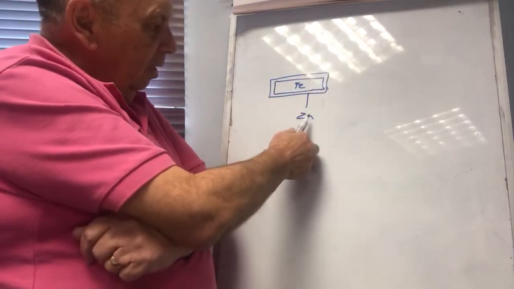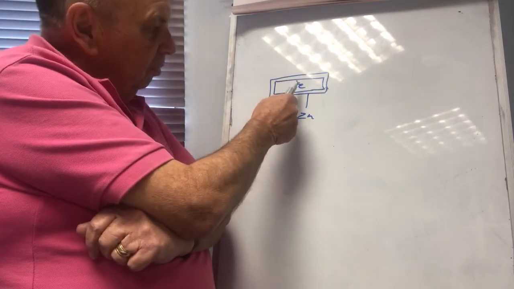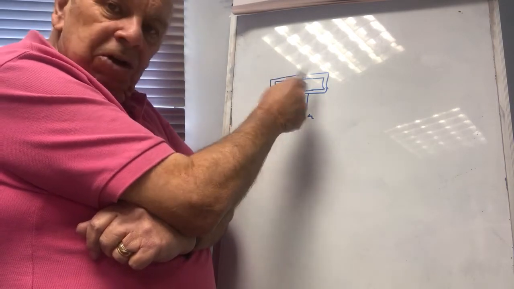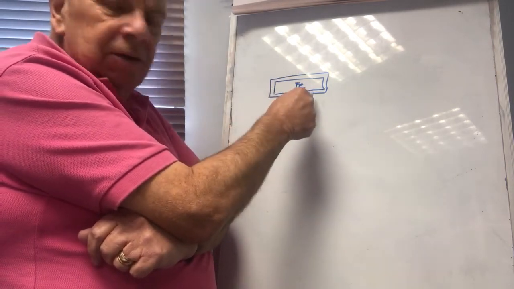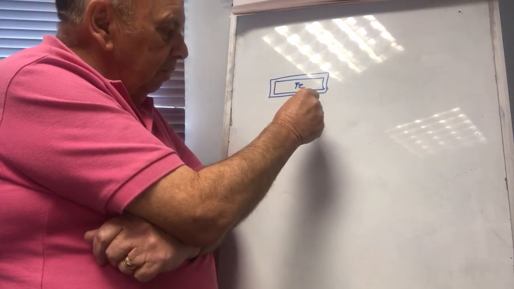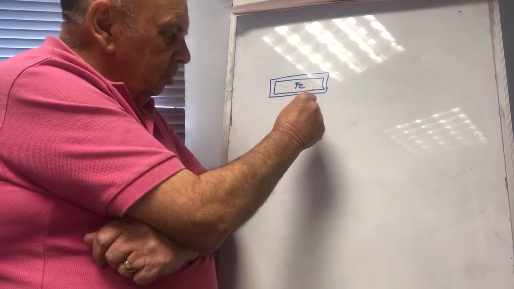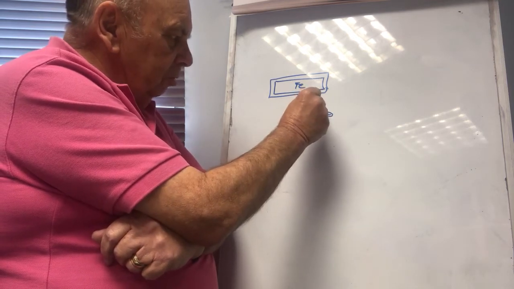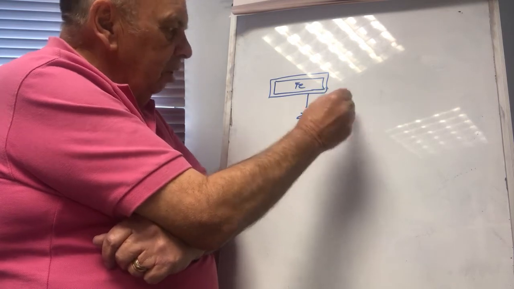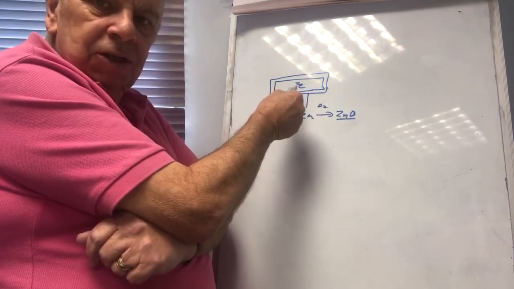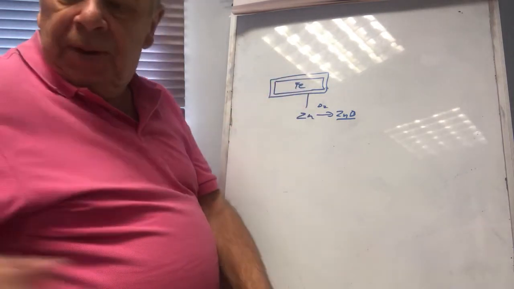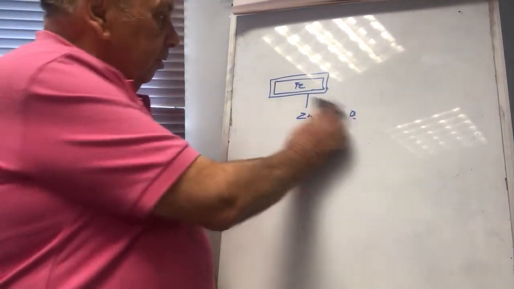Zinc is more reactive than iron, so if you cover it with a layer, galvanization by the way that's called, the zinc reacts with oxygen to form zinc oxide before it reacts with the iron. So that is what is meant by sacrificial protection.